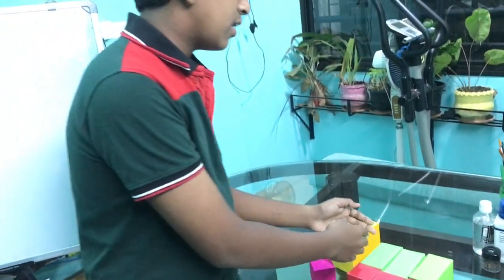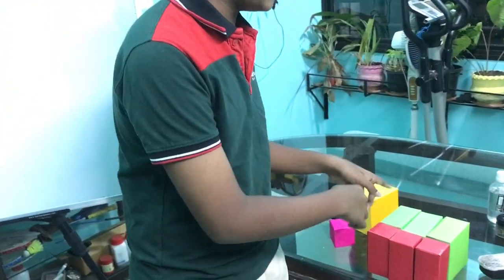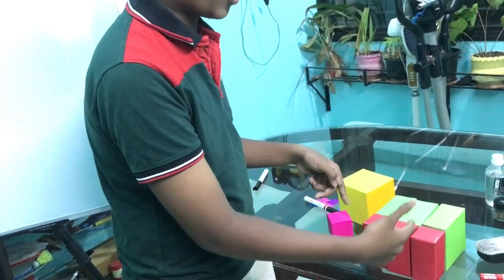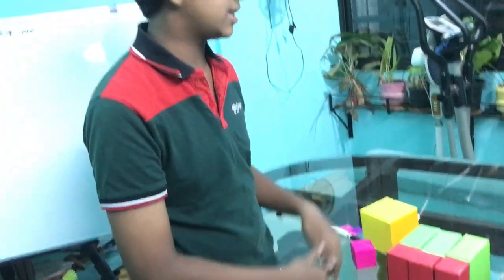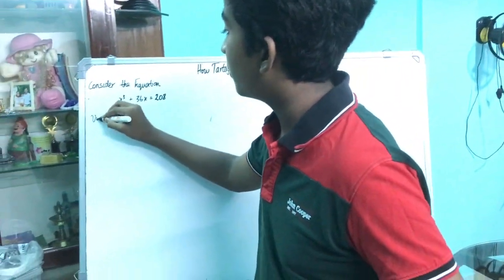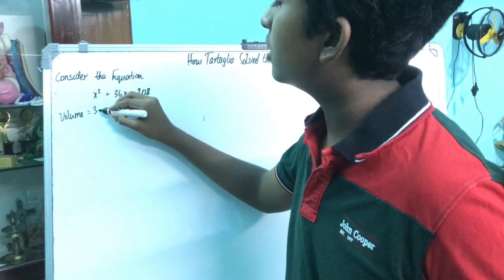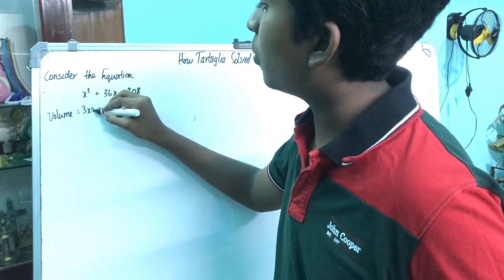So we have x plus y, which we will actually call z for convenience. X plus y, which is z, breadth is 3y, and height is x. So the volume of this new shape is just 3xyz.